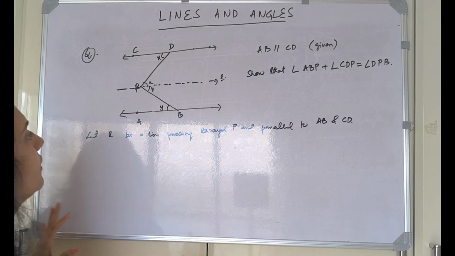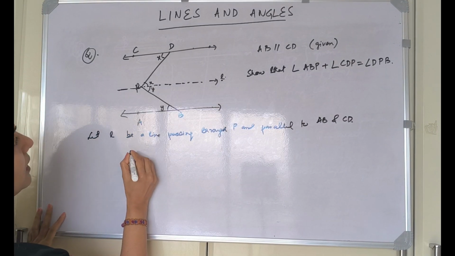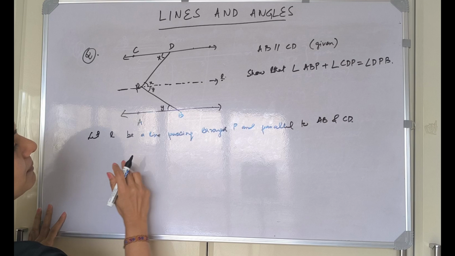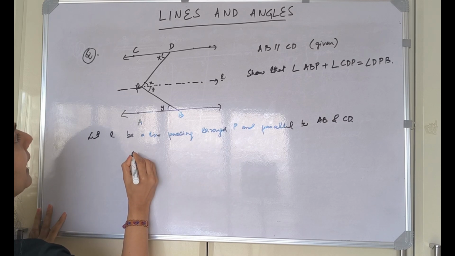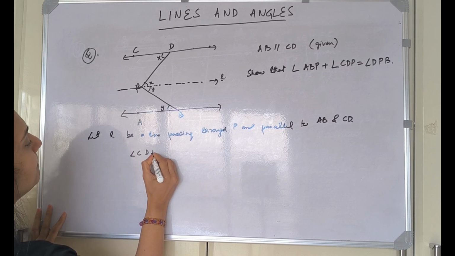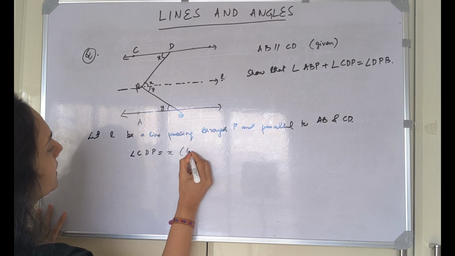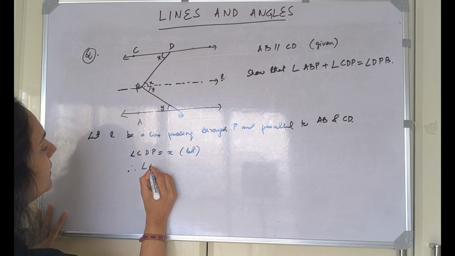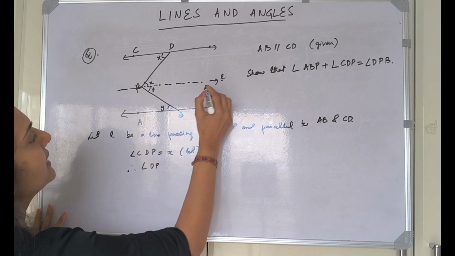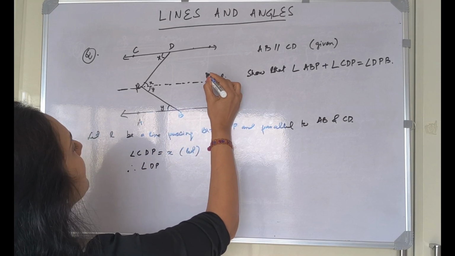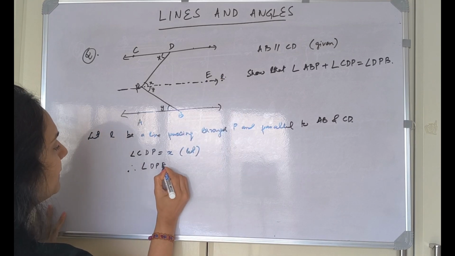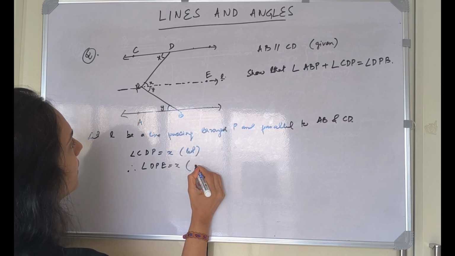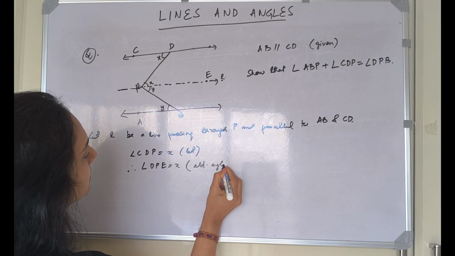Now let's write it. We will write that we have drawn that parallel line. Now we will say that angle CDP equals X, let. Therefore, let's give the name E. Angle DPE is also X, alternate angles.